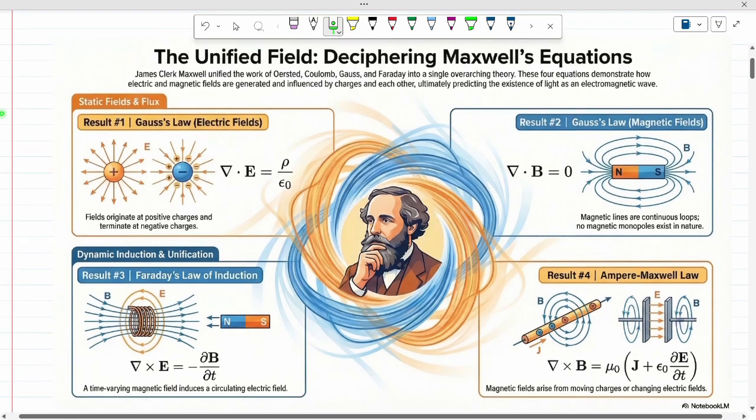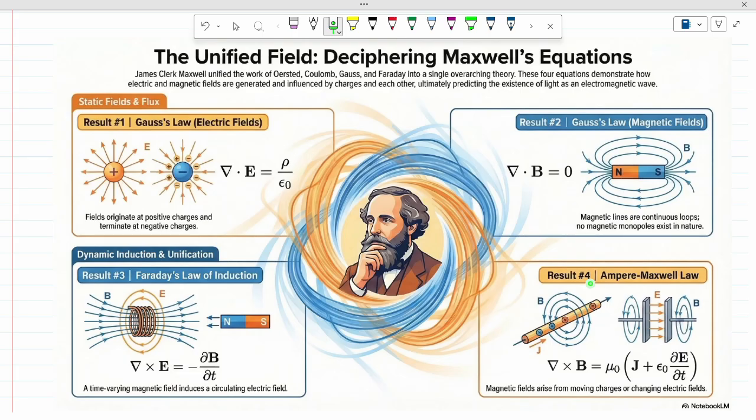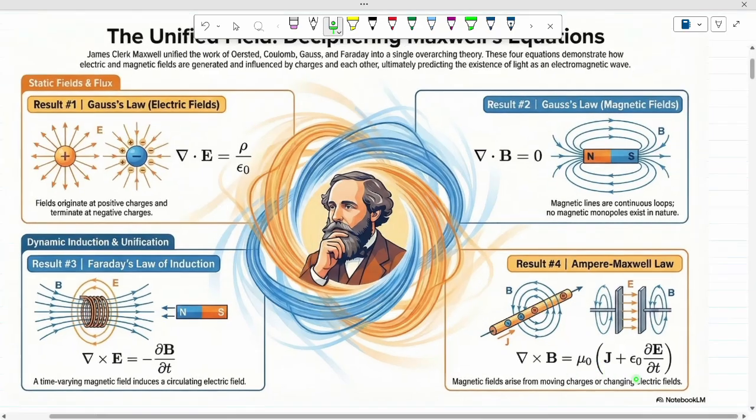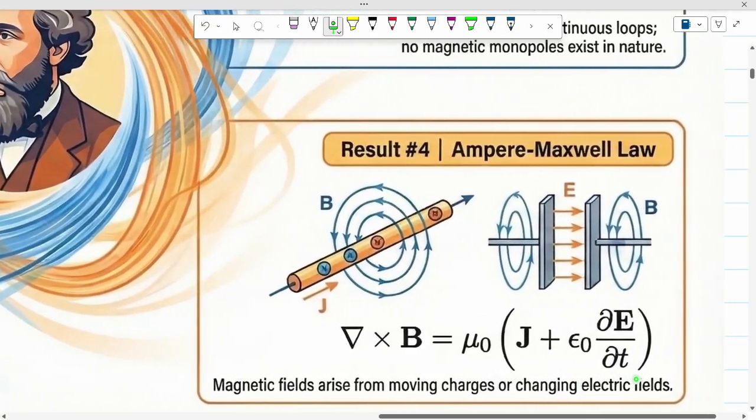Let me actually go to result number 4 first, because in chronological order, that's what we covered first. We covered Ampere's law, or we at least went in some detail with the right-hand rule giving you the directions of magnetic fields. And that's what the first picture here is showing.